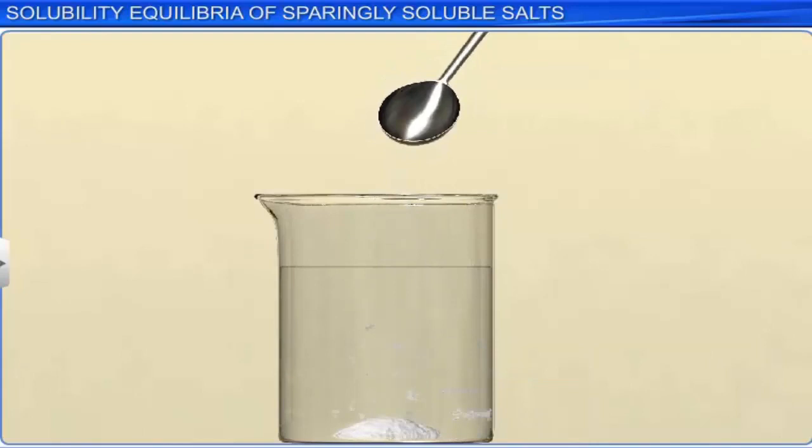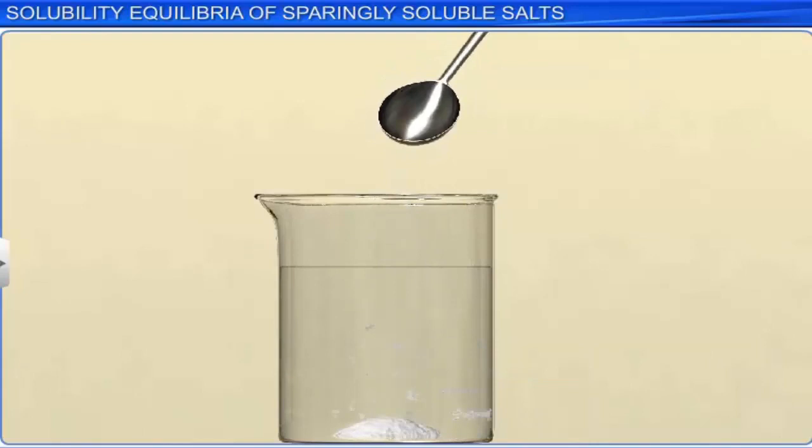Mathematically, we can write Ksp expressions using molar solubility, S, in place of individual ion concentrations. Note that molar solubility is the number of moles of the substance present in 1 liter of the solution.